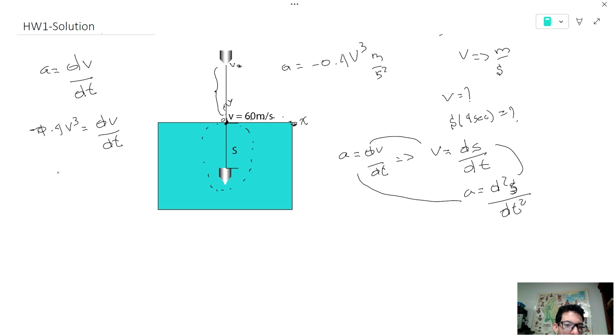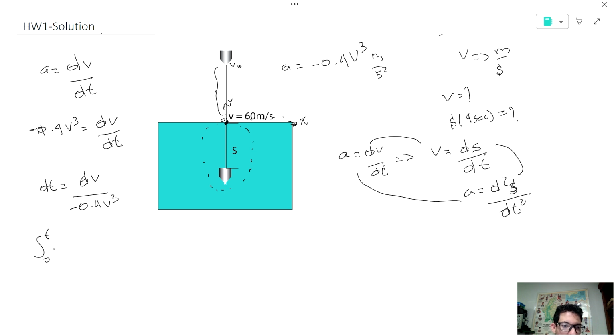The way we do this is basically saying, if you remember, we can say that dt is equal to dv over 0.4 v^3. All right, so let's do this part first. What is the time? We don't know.